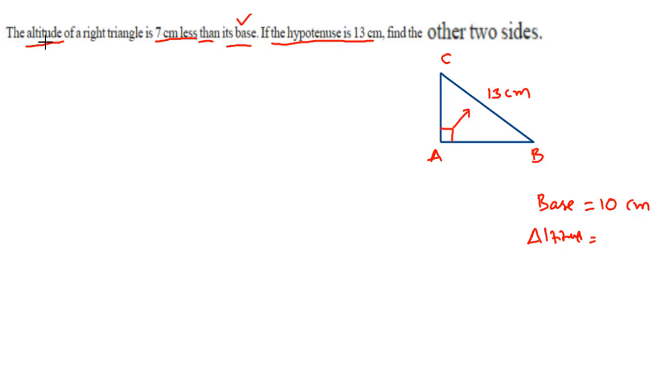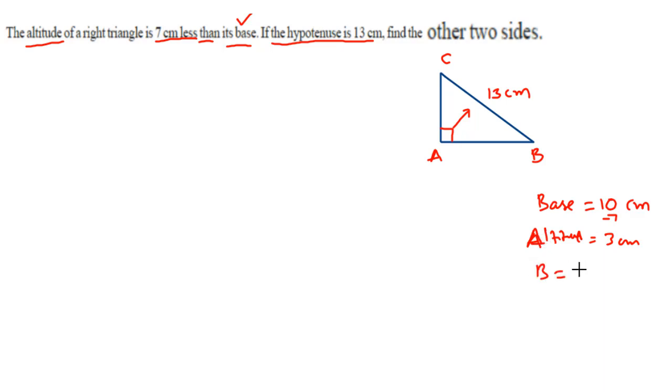Now how altitude is dependent on base? It is 7 cm lesser than base. That means if we subtract 7 from 10, we get the length of the altitude. So what is the length of the altitude if base is 10 cm? For that, just subtract 7 from 10, so we get 3 cm.